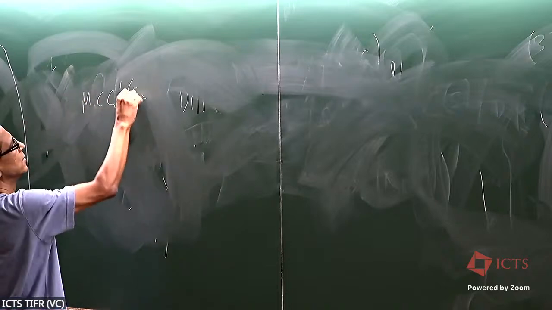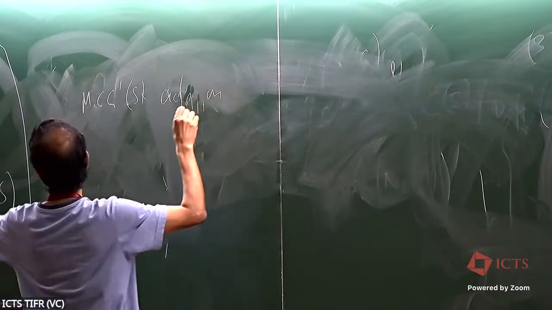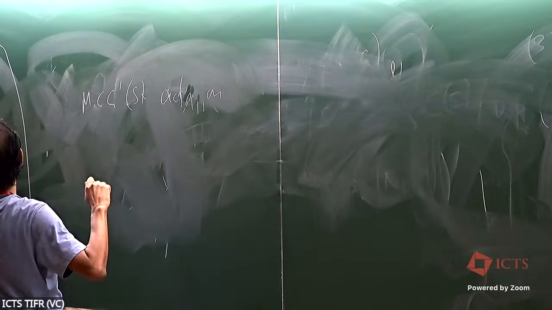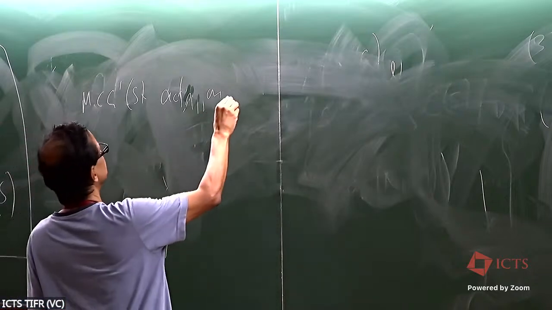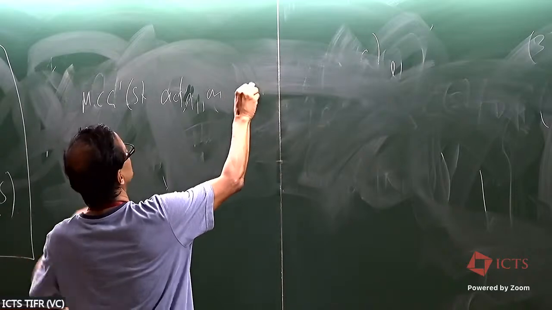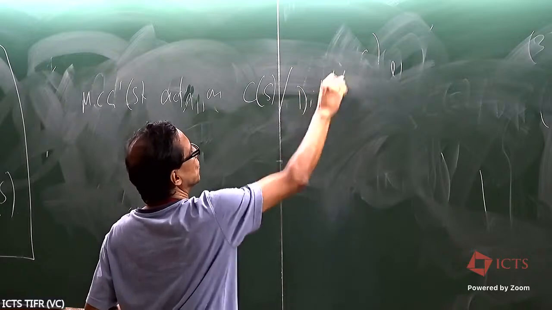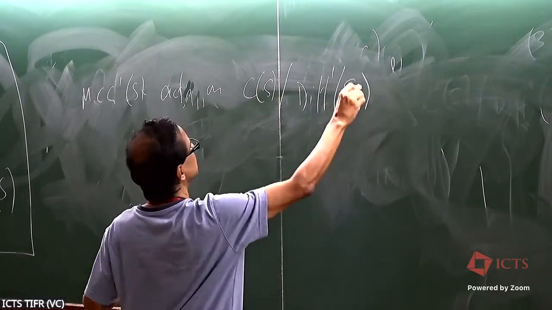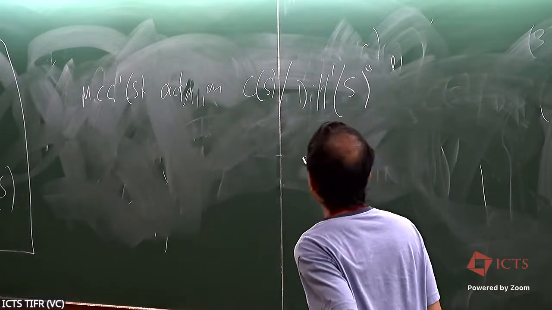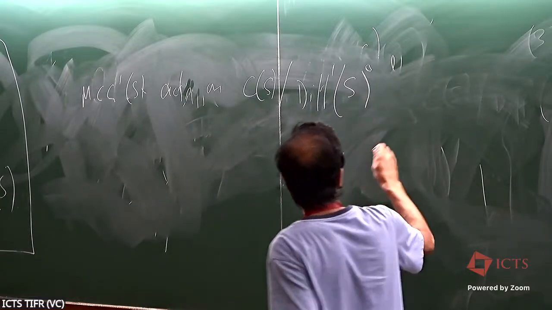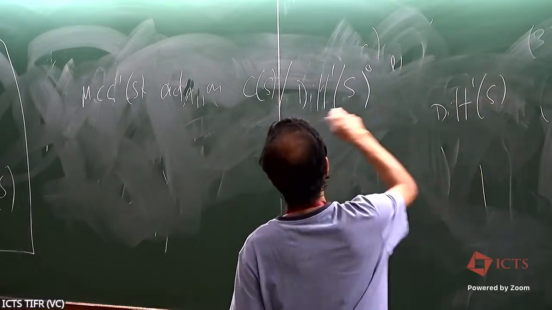MCG1 of S acts because this diff1 naught is a subgroup of diff1 of S, which acts on this.